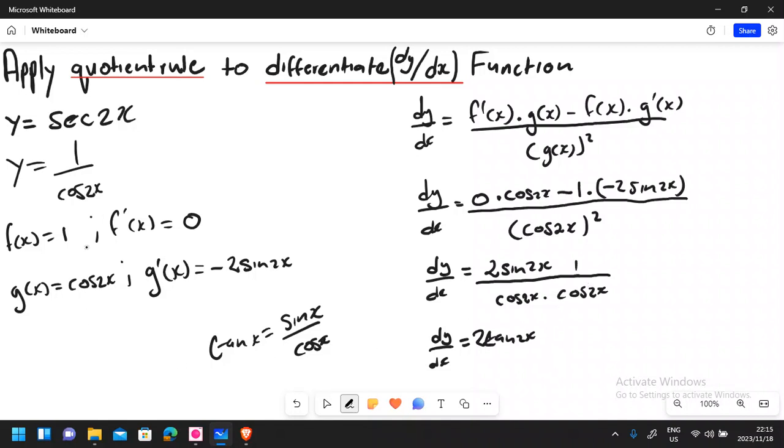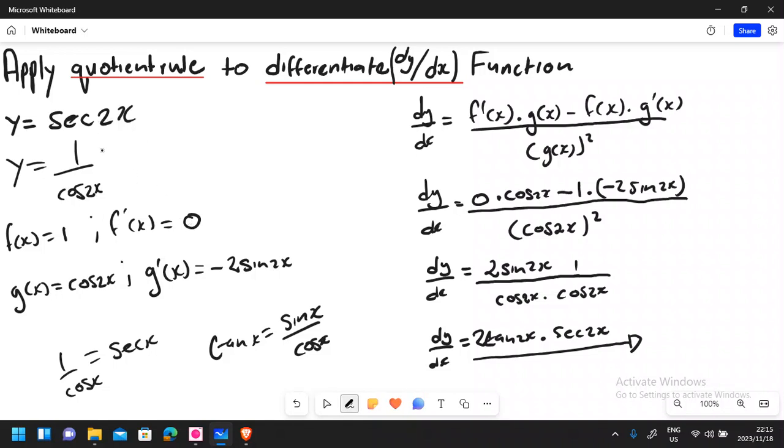So we can say the very same thing that we did here. 1 over cos x is the same as sec x. So this is 1 over cos. So we can say multiply by sec 2x. Guys, this is actually the derivative of sec 2x.